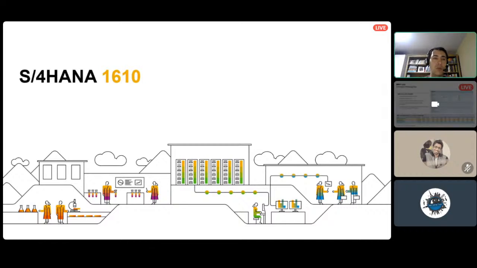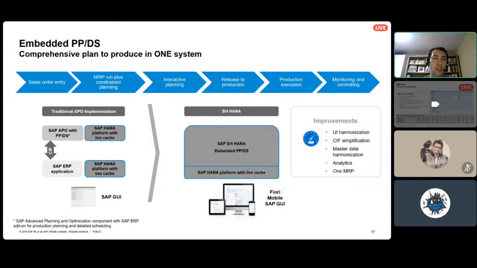Now we will go to 1610. The major new feature is not exactly MRP, but PPDS. SAP had a separate planning system called APO. APO ran in a specific database called Live Cache, which could support some complex algorithms that SAP didn't want to run in the ERP because it would consume too many system resources.